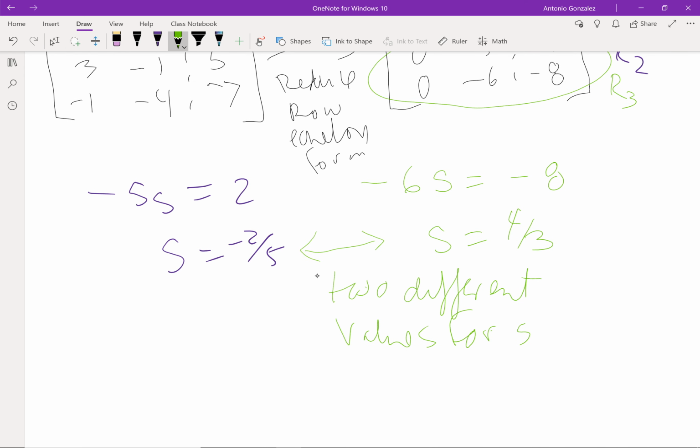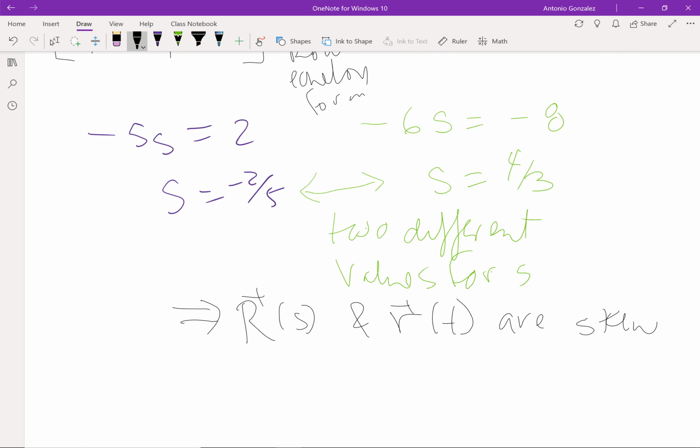So the conclusion that this is leading me to is that R of s and lowercase r of t are skew lines. Again, we determined in the very first part of this problem that they are not parallel. They have direction vectors that are not proportional to each other.